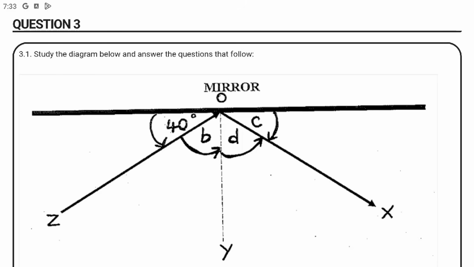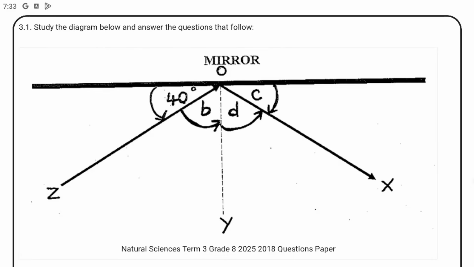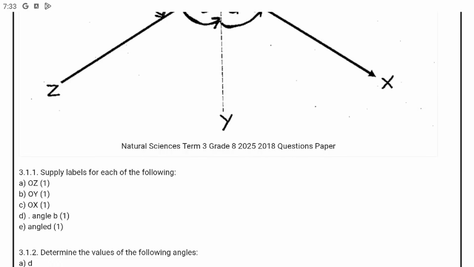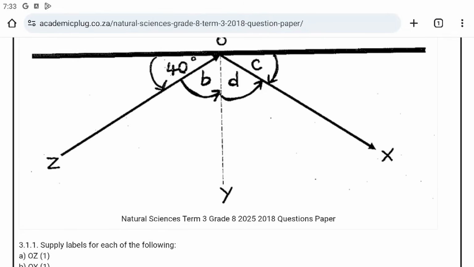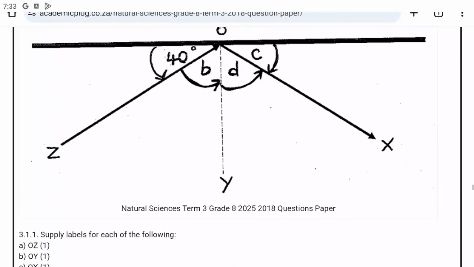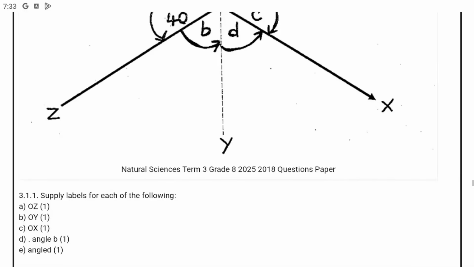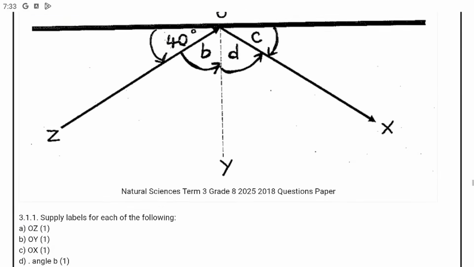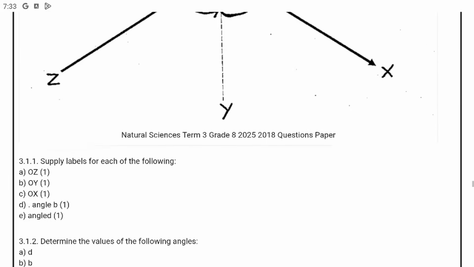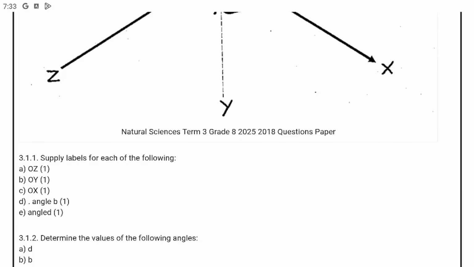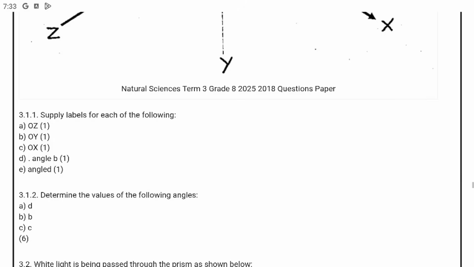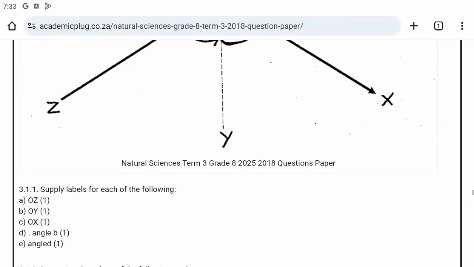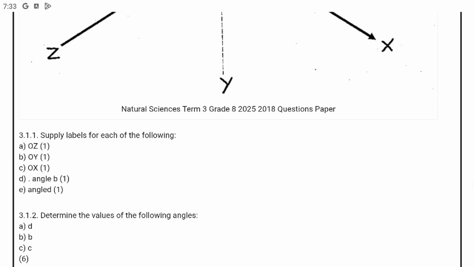So we've been given a mirror, and the questions say supply labels for each of the following: OZ, which are these lines, as you can see, OY, which is the one in the middle, OX, which is the one going to X, and there's a couple of angles in there that we're going to have to label. So let's get to it.